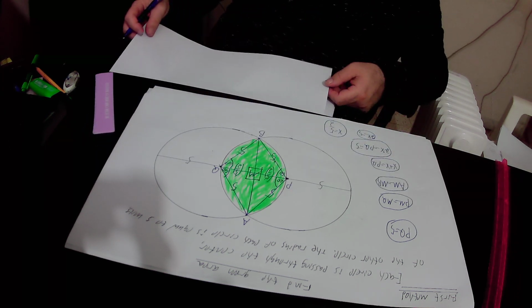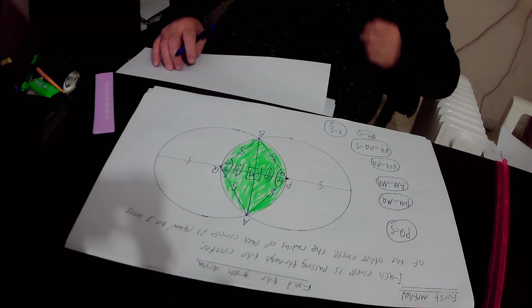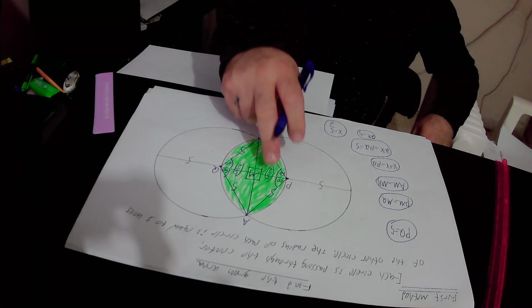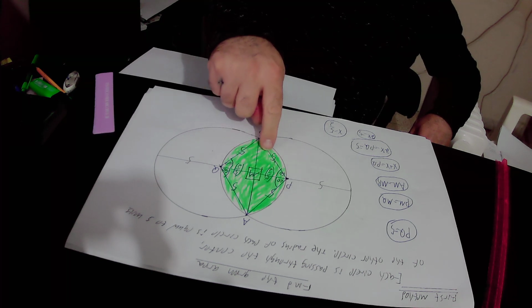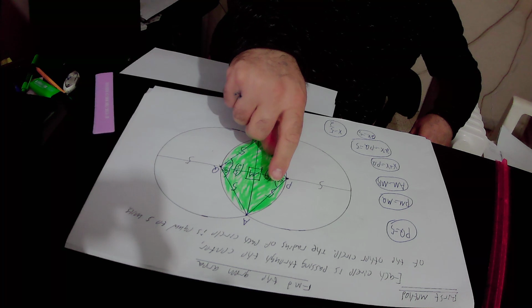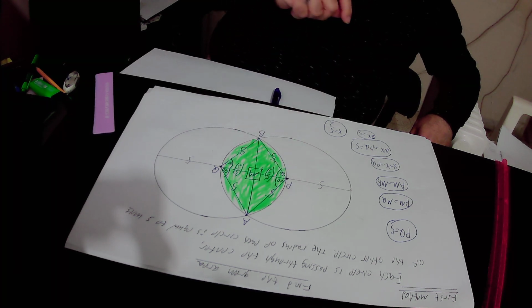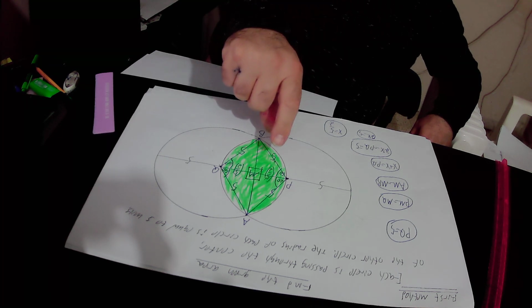And what is the area of sector APB? The area of this sector is a shape that is very similar to a semicircle, but it is not a semicircle.